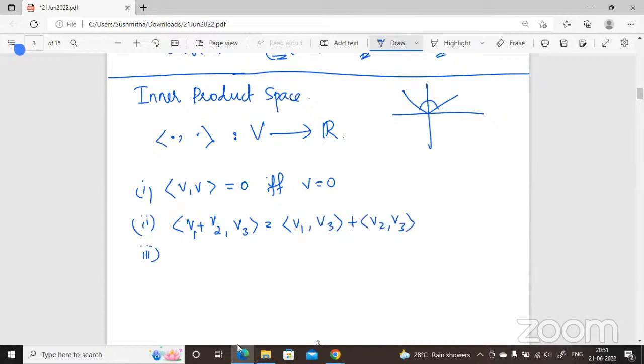Then the scalar property: alpha times V1 comma V2 is equal to alpha times the inner product of V1 and V2. And then the symmetry property: V1 comma V2 is equal to V2 comma V1. Any function that satisfies these four conditions is called an inner product, and you can see that the dot product satisfies all of these. So the dot product is a special case of the inner product.